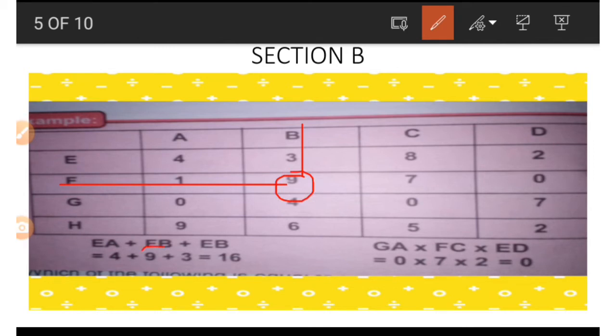So FB is 9. Then the last number there is 3. We traced EB, and when you do that, you are going to get 3. So that is why the number there is 3.